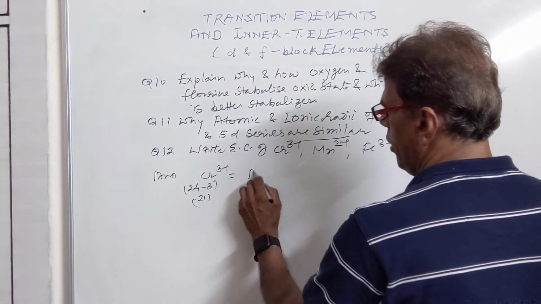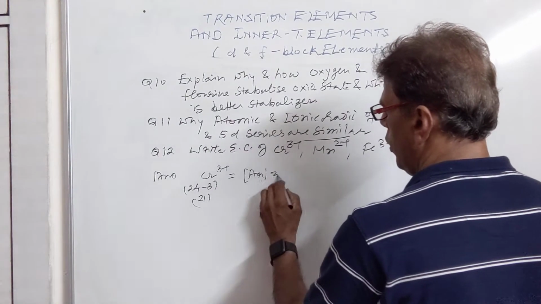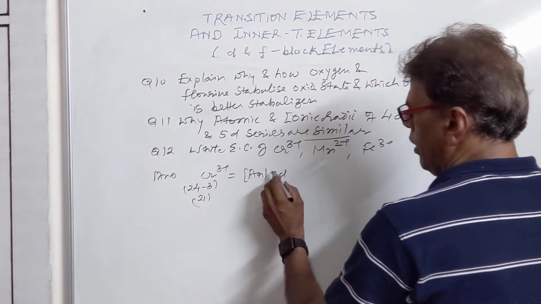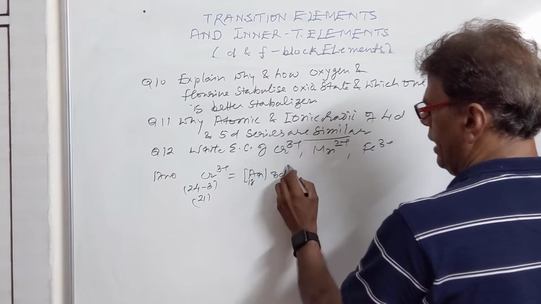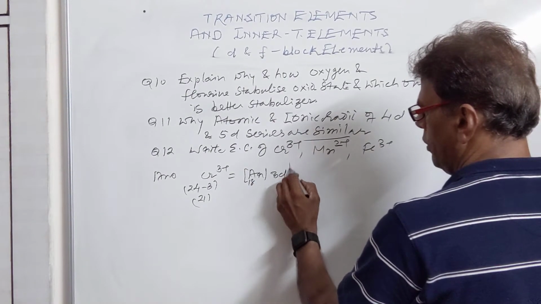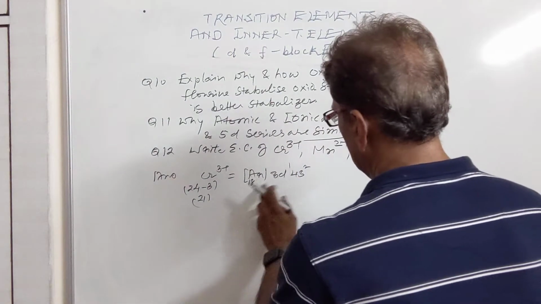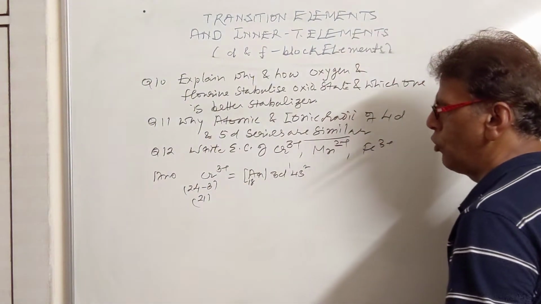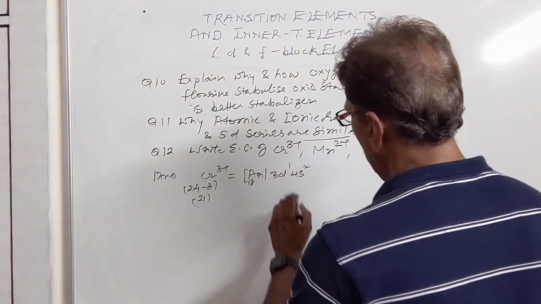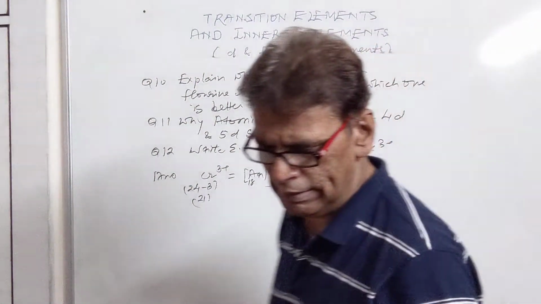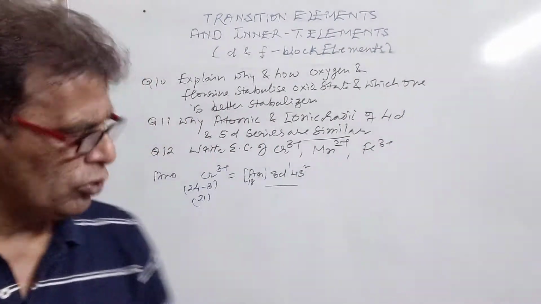Now it will be having argon core. After argon it is 18 electrons, 3 electrons are left, so we'll be having 3d1 4s2. So chromium will now have this configuration 3d1 4s2.